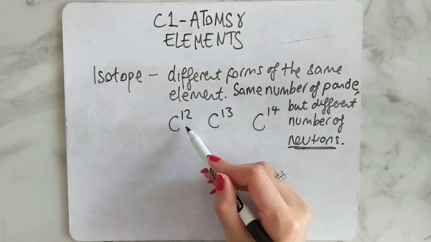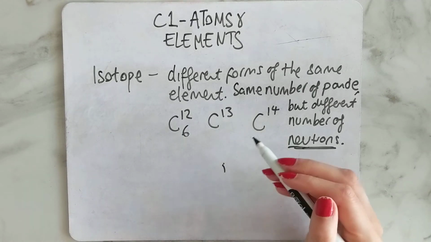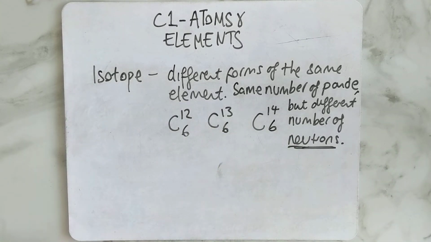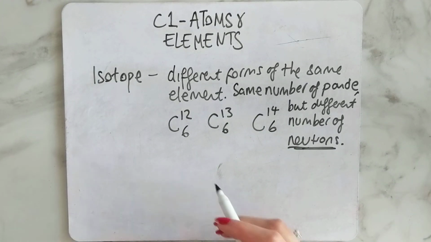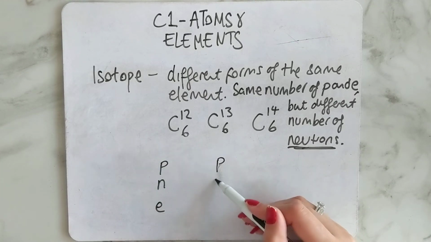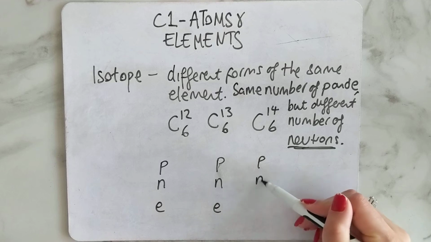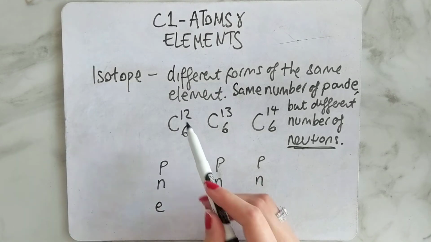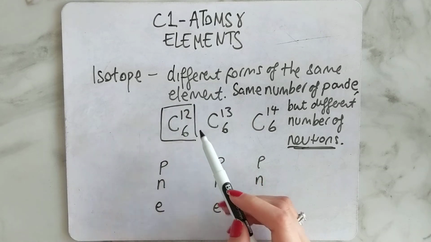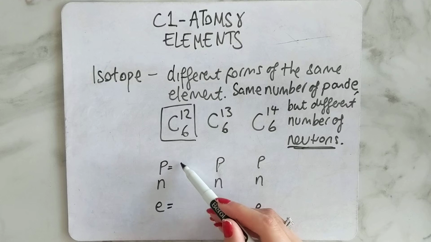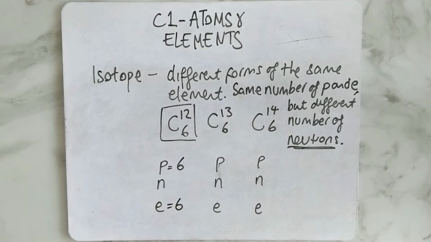So carbon 12 has 6 as its atomic number. So does carbon 13, and so does carbon 14. Let's do what we did before then. So let's work out how many protons, neutrons, and electrons there are for each of these. So let's have a look at carbon 12 first then. So carbon 12, remember the bottom number tells you how many electrons there are and how many protons there are. So they're both 6. So what do we do to work out neutrons?